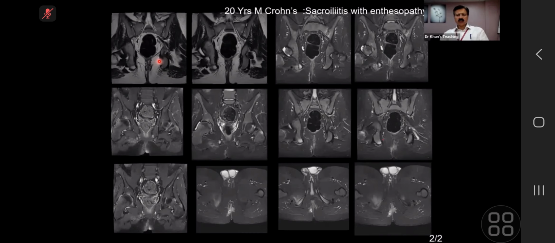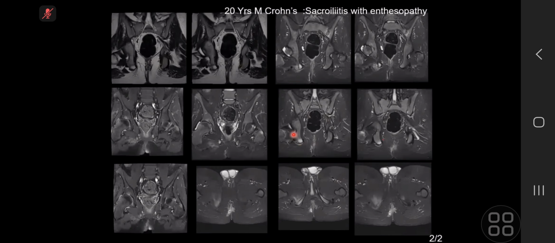This is a T1, axial STIR, axial STIR, axial STIR. On these 3, this is the MR of the same patient as previously, and I've given you the diagnosis, right? What are your findings on these 3 axial sequences?